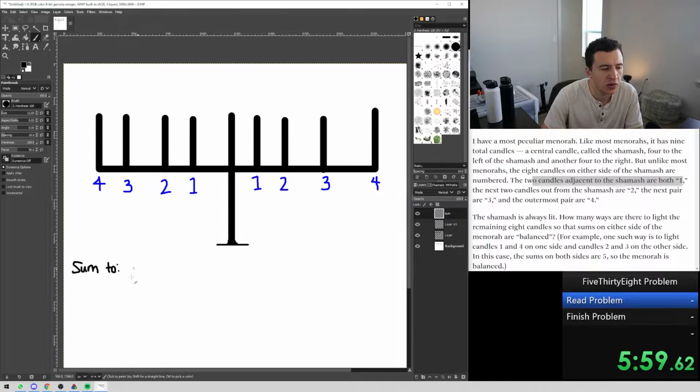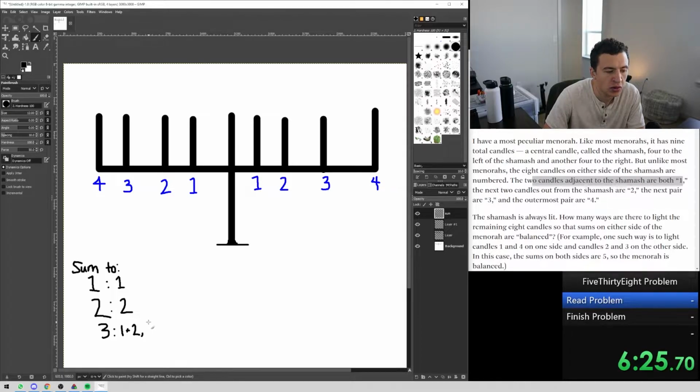And so if we want it to sum to 1, there's only one way to do that. It's 1. If we want it to sum to 2, there's one way to do that. It's using 2. If you want it to sum to 3, there are 2 ways to do it. You can do 1 plus 2 or 3.